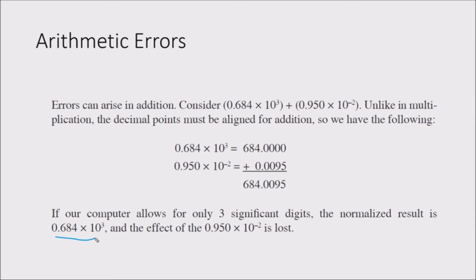This is the normalized form of storing this number in a 3-digit register in a smaller machine. If I write it back, I'm actually writing 68,000. This is what I'm writing, right?